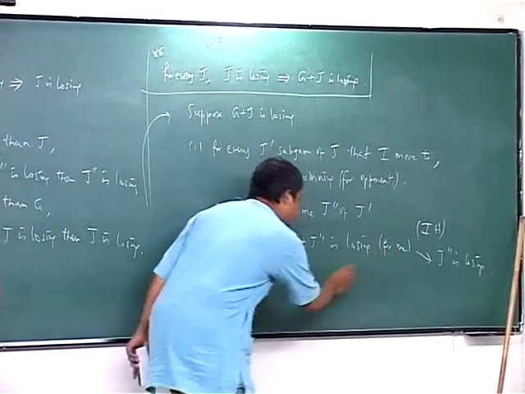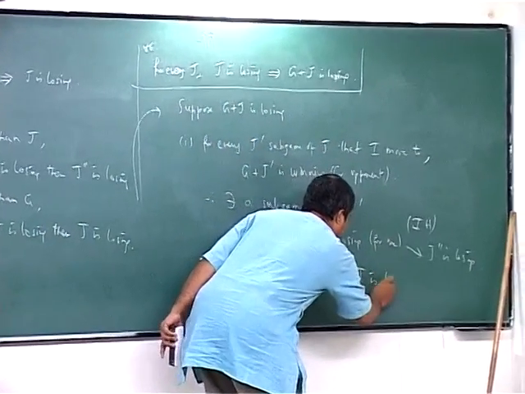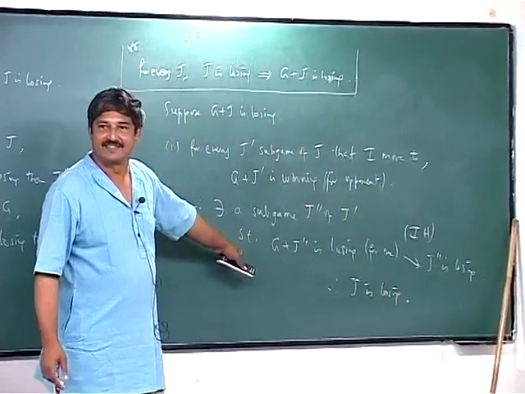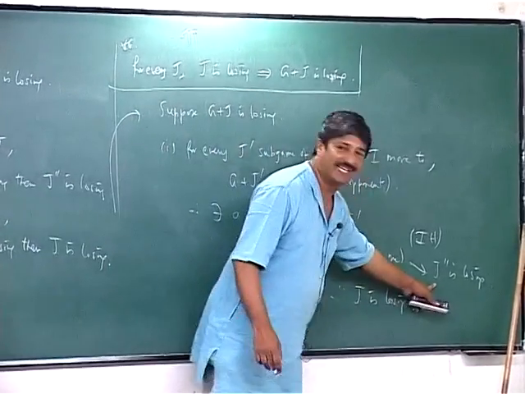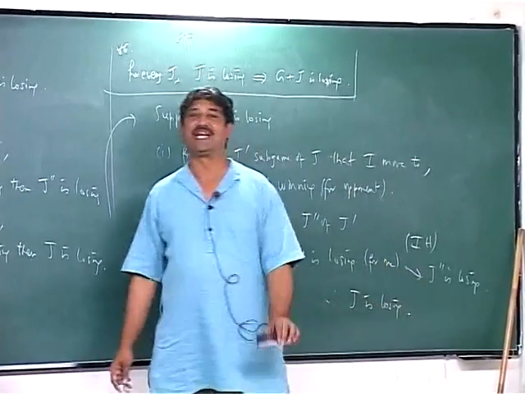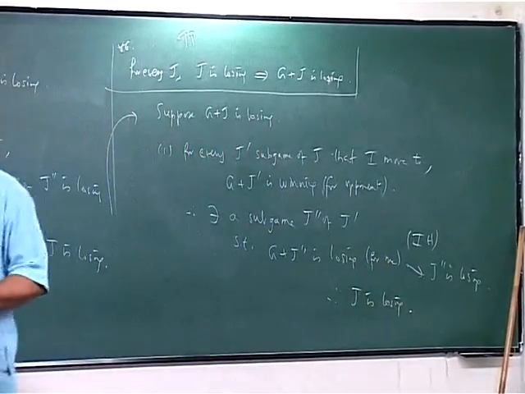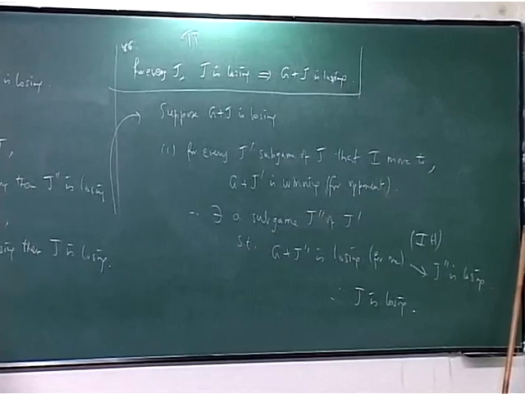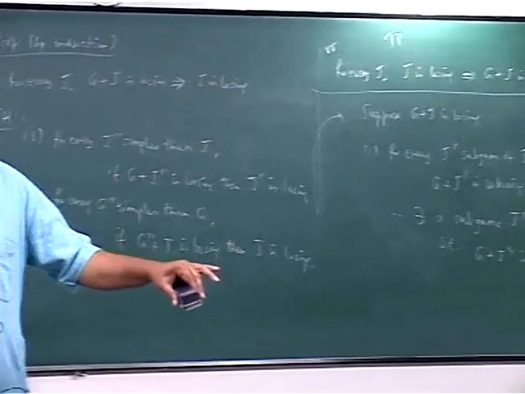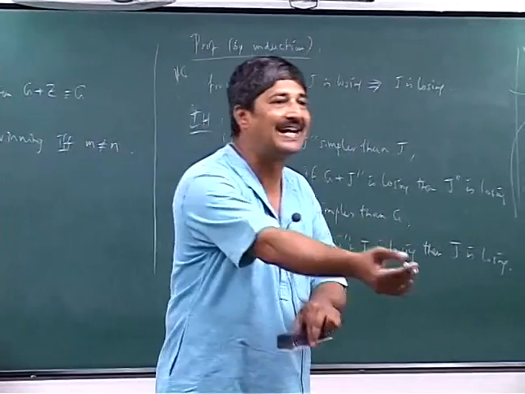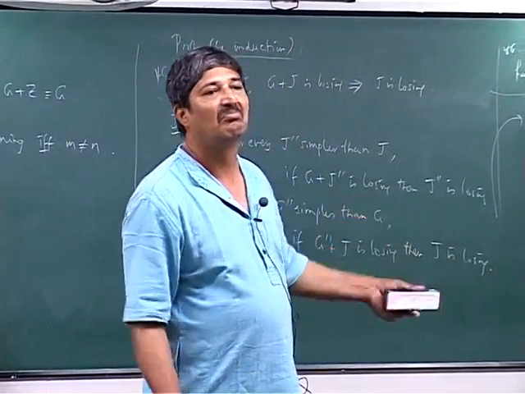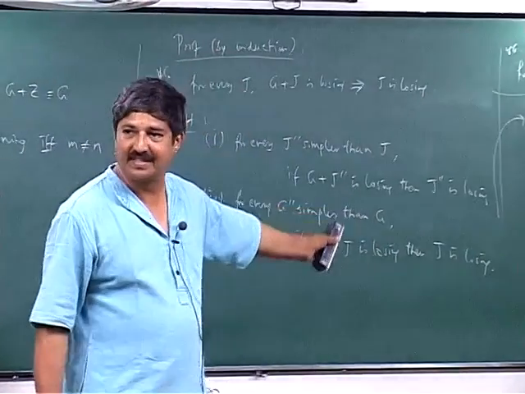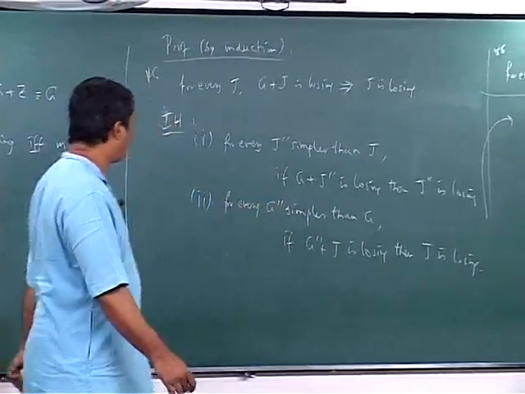Therefore, J is losing. Is this clear? The induction hypothesis tells me that this J double prime must be a losing game. If J double prime is losing, what do I know? I'm starting with J. No matter what option I pick, J prime, the opponent has an answer, J double prime. Therefore, I have no hope of winning in J. So this is use of one induction hypothesis.